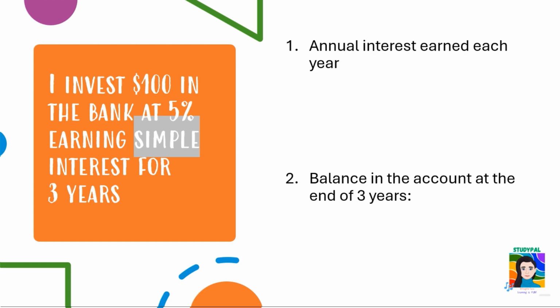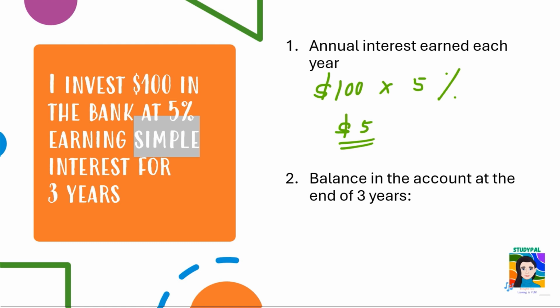That means the interest is charged on the principal amount each year. So it's simply $100 times 5%. Then the annual interest earned each year will be $5.